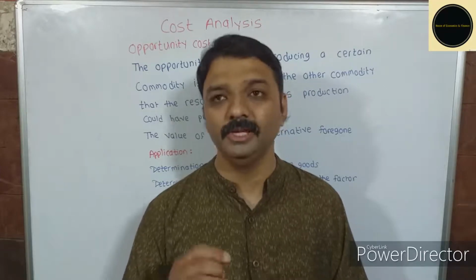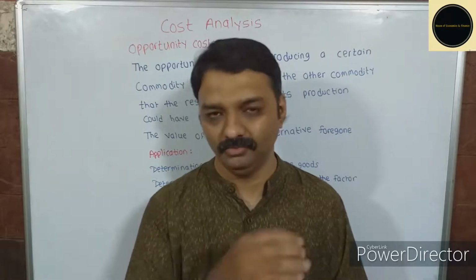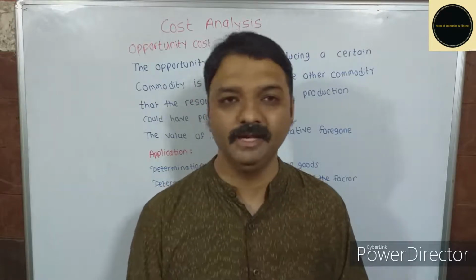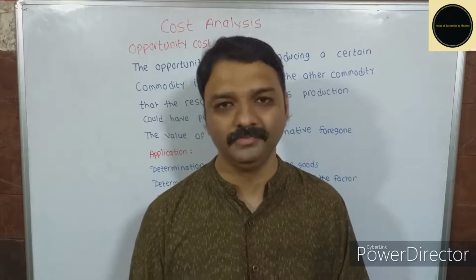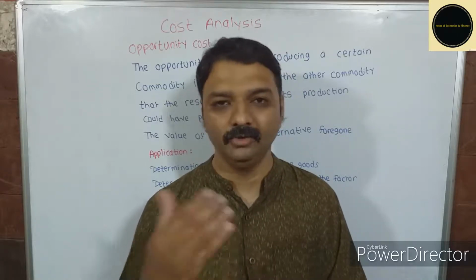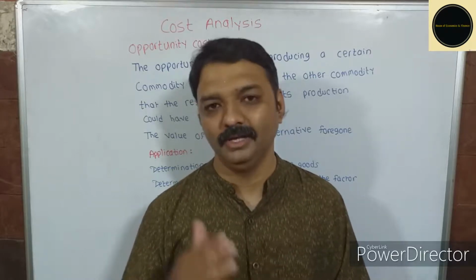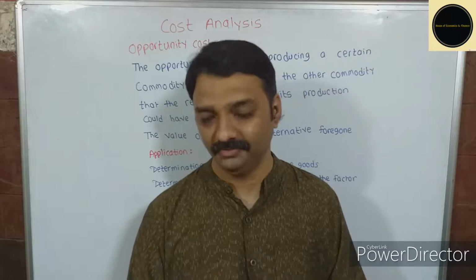So here the minimum amount of money that is required to keep him working as a bank manager is 60,000 rupees. If his salary is below that, he will quit his job and go for the next best alternative, that is to work as a professor and earn the salary of 60,000 rupees.